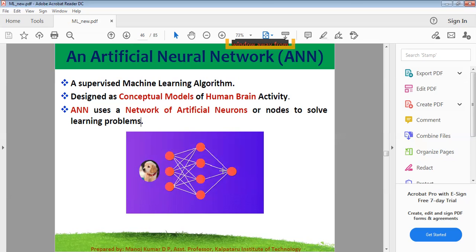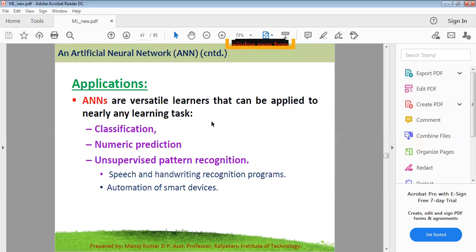That means the expected answer and the prediction do not match. At that time you go with a different method, which we call an artificial neural network. We will see the concept in detail.